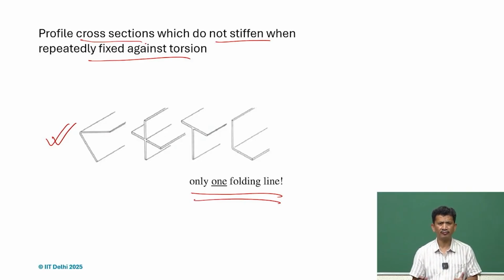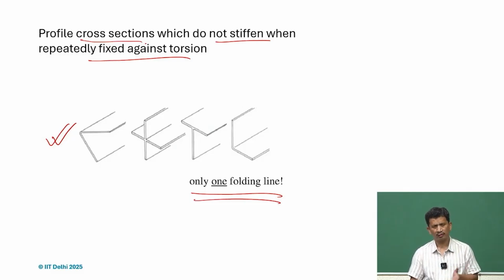What we have to remember is that all these profiles, whether one fold or many folds, are very stiff in bending, and that's why many times they are used. But for torsion, we have to be a little careful and check.